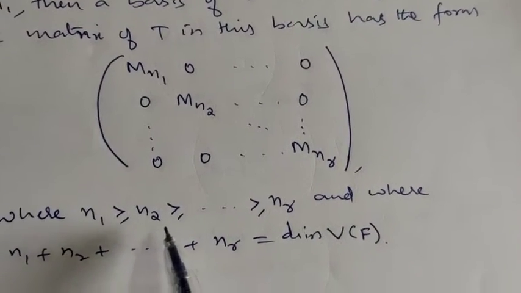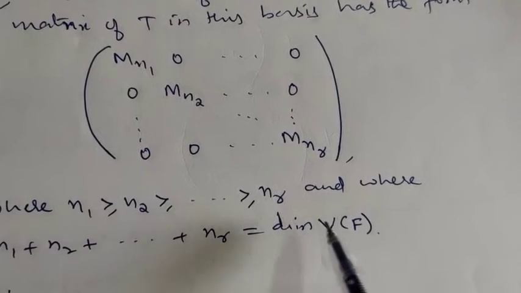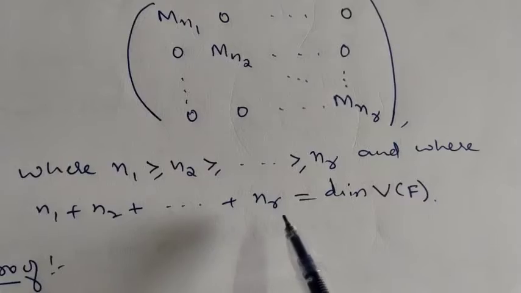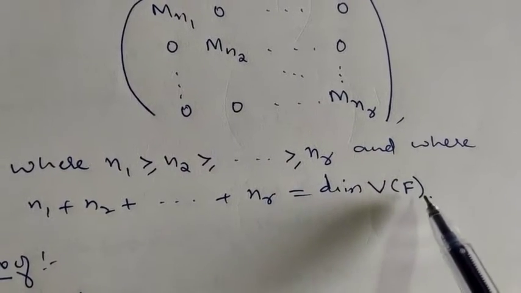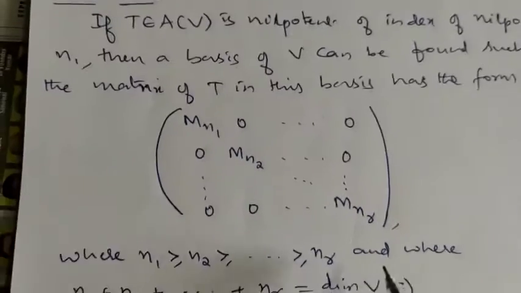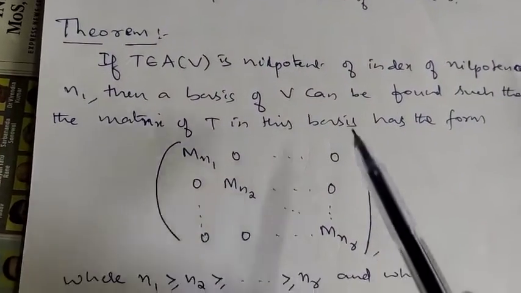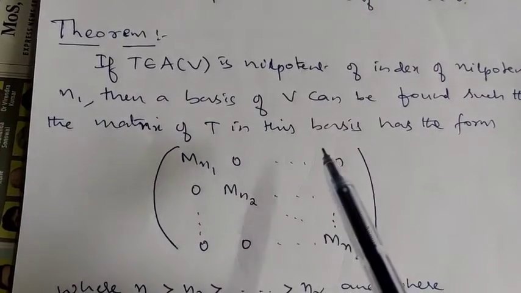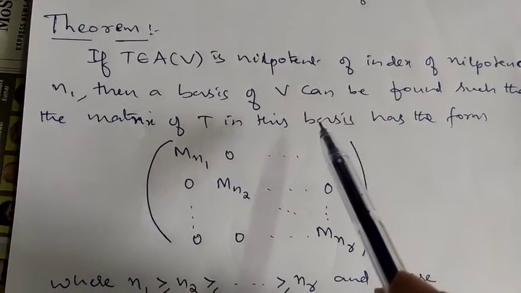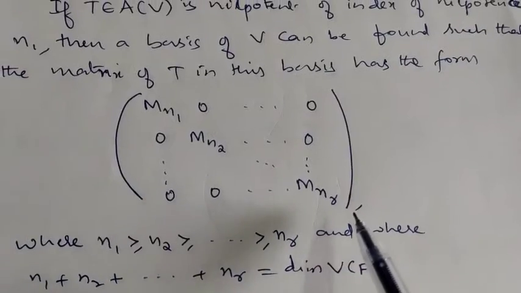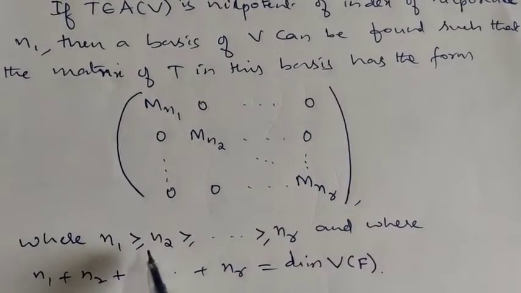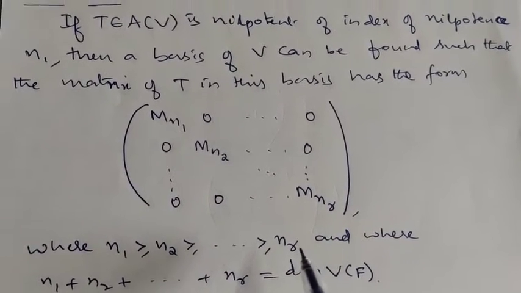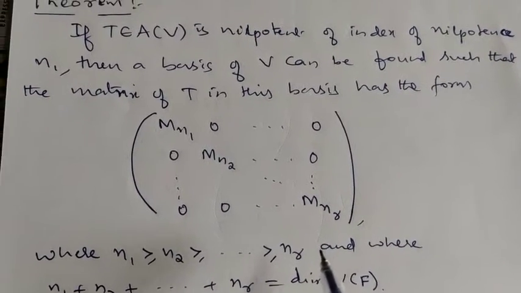Here n1 is greater than or equal to n2, greater than or equal to etc., greater than or equal to nr, and n1 plus n2 plus etc. plus nr is equal to the dimension of V over F. So this is one of the important theorems. Here the integers n1, n2, etc., nr are called the invariants of T.